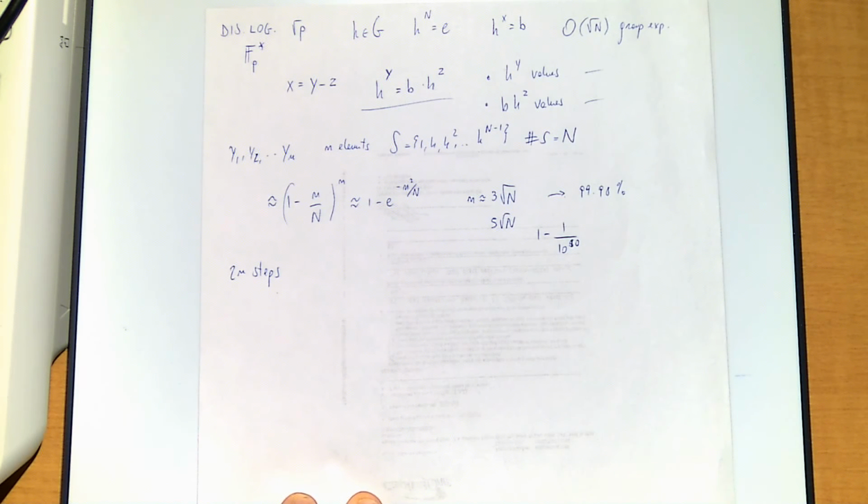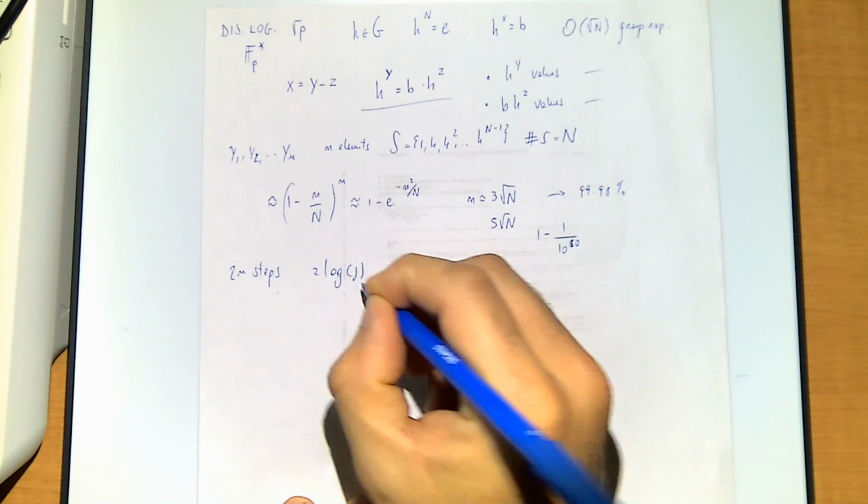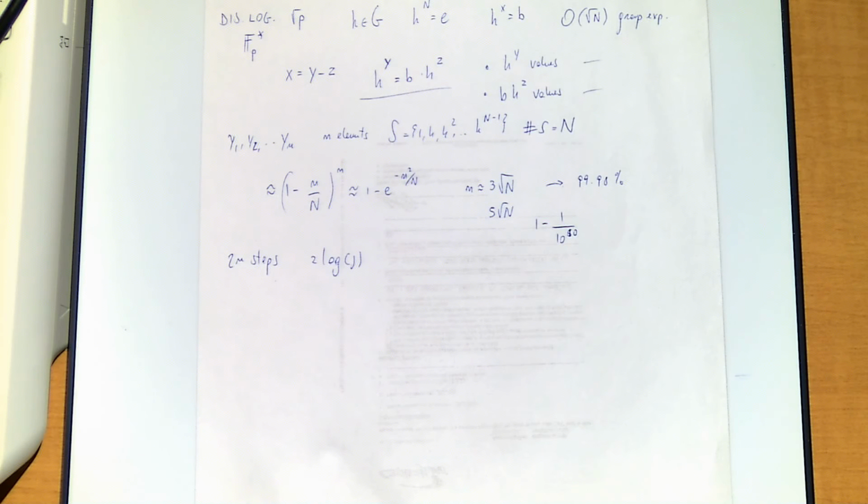And then we said that it takes approximately 2 log j, where j is your number of bits. Sorry, log j is the number of bits. j is your integer that you're considering.